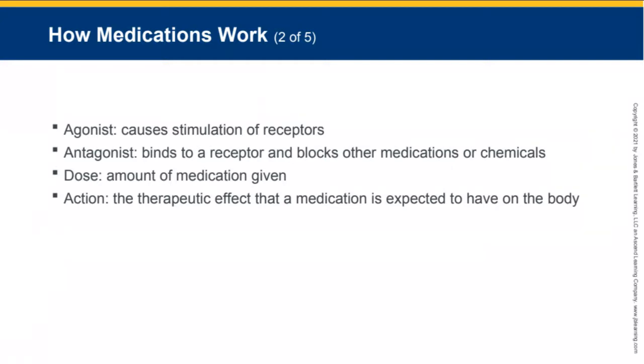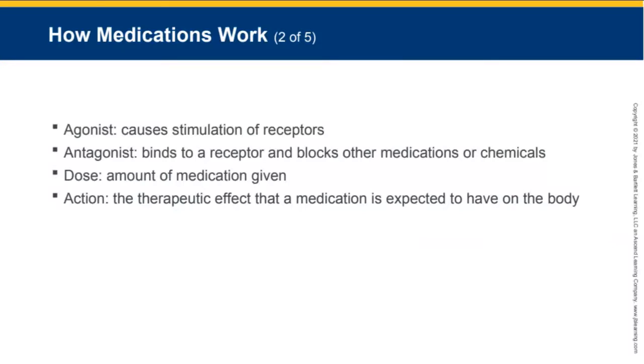The dose is the amount of medication that is given, and the dose depends on a patient's weight. For example, in your pediatric patients, you normally see physicians ordering doses based on milligrams per kilogram. It also depends on the patient's age.